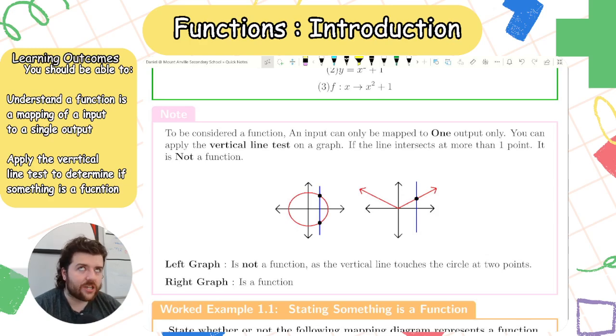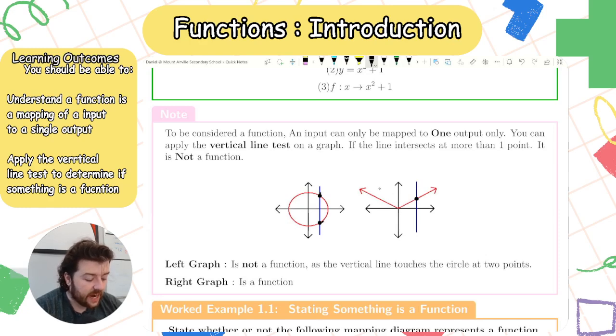The way we can determine this is using the vertical line test, which is very easy. If I can draw a vertical line anywhere on my graph and it hits more than one point, then it's not a function. For example, this is a graph of a circle. This is not a function because I drew a vertical line down and it hits at two points.